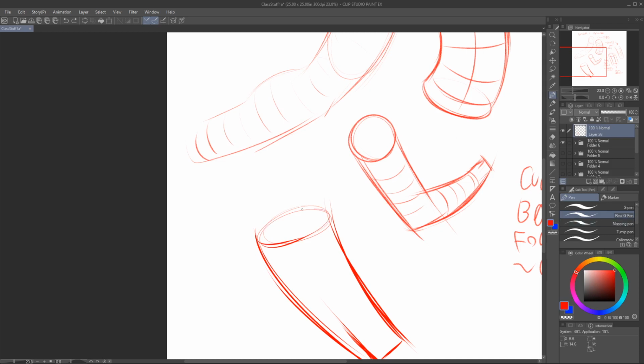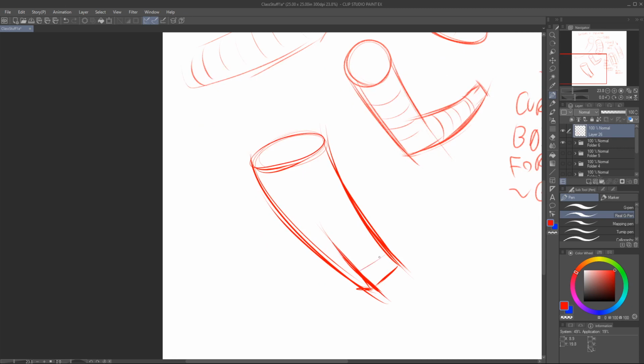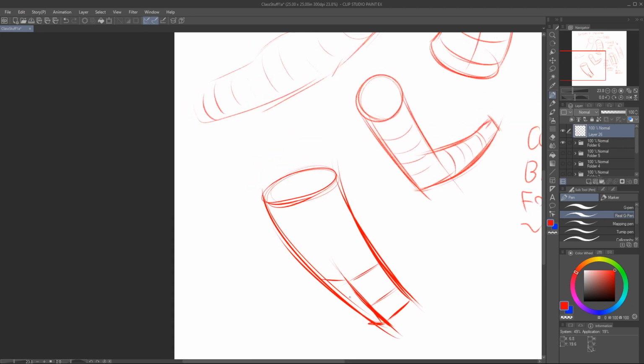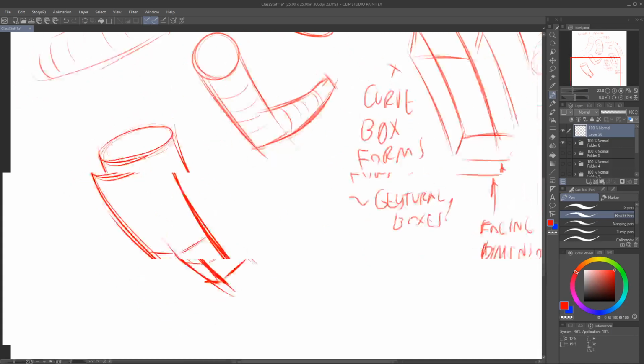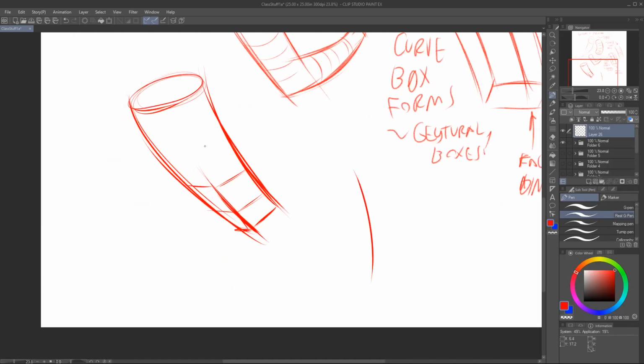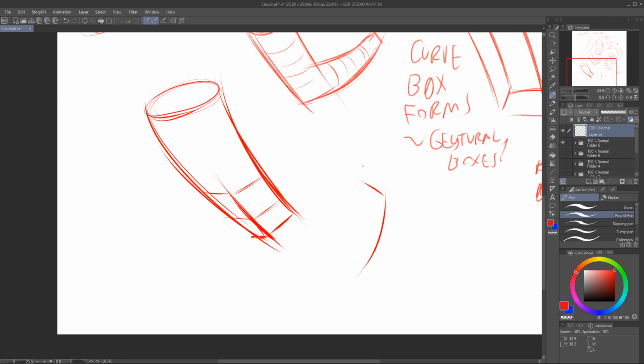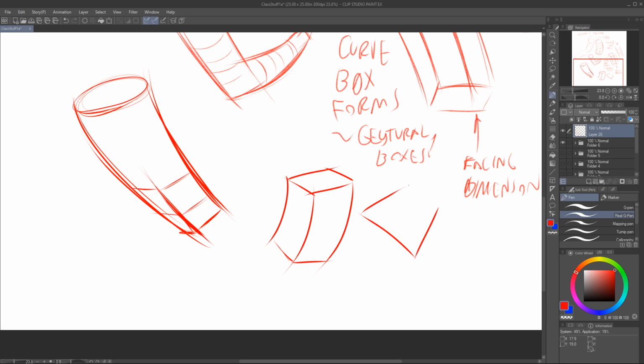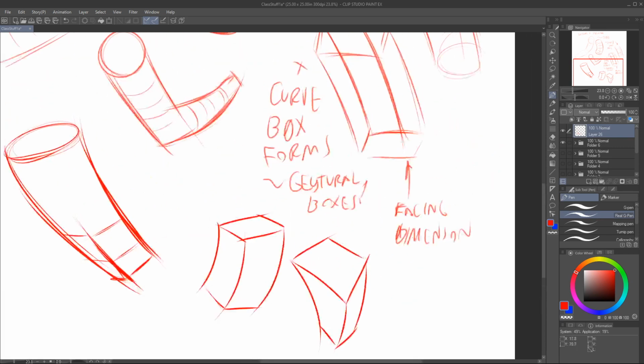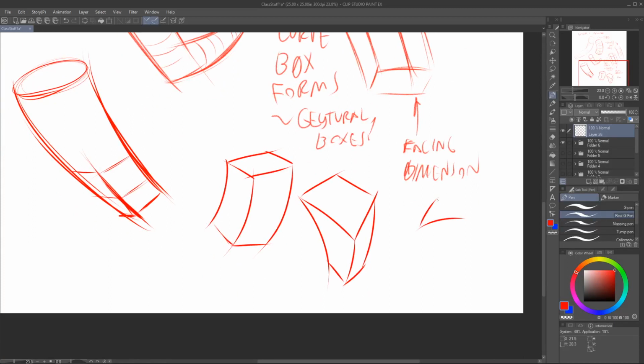That's also why you do the gesture, because the gesture helps you riff off to create the structure, and that means you can curve those cylinders, you can curve cubes. You could use this kind of stuff to describe the bend of a torso or something like that.